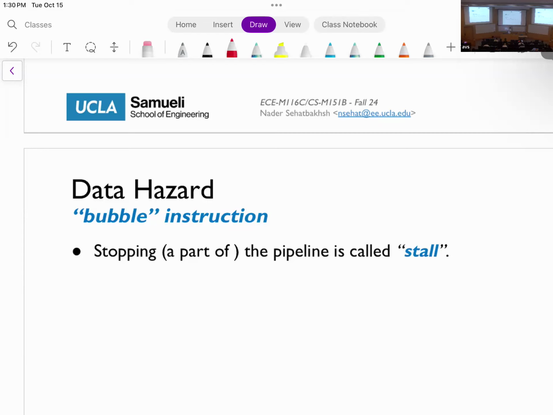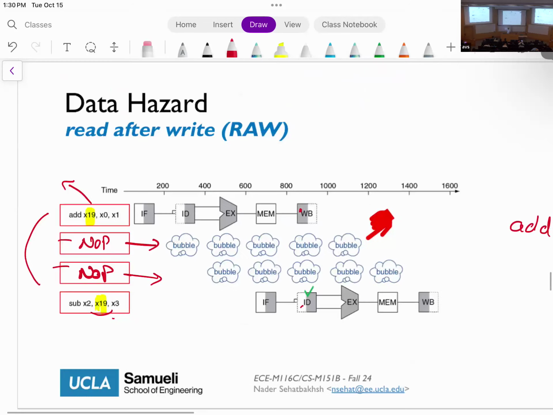Instead, you can prevent the registers from getting updated. In other words, I'm stalling my processor. Think about this as a line of things going through, like a belt. If I stop the belt, then things are not getting updated to the next registers.